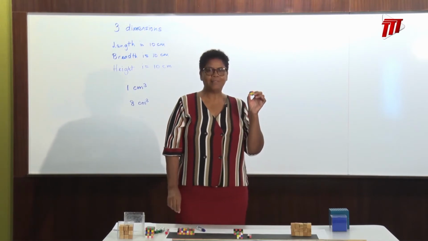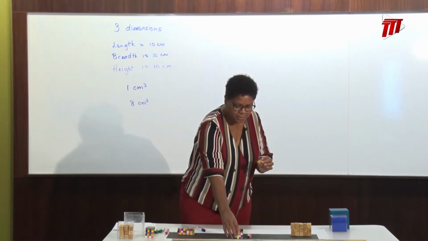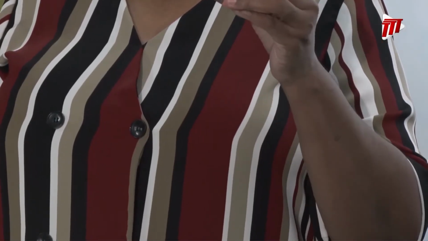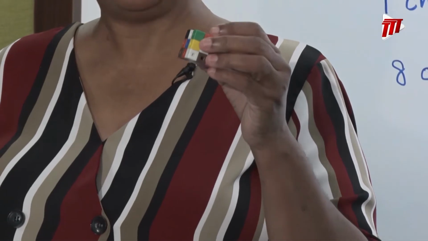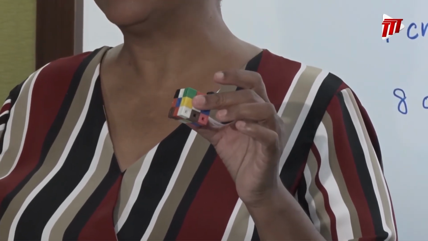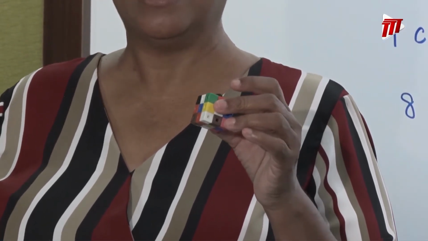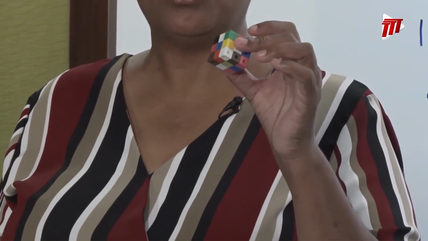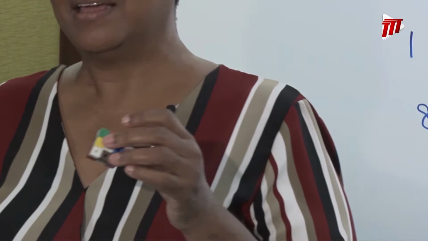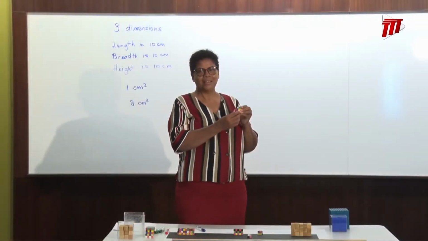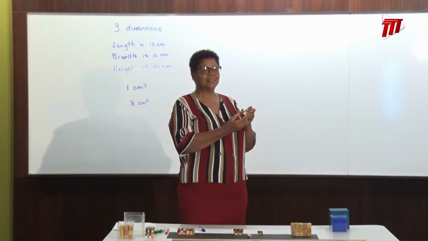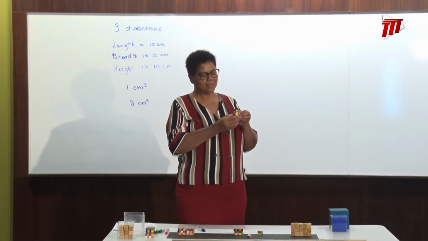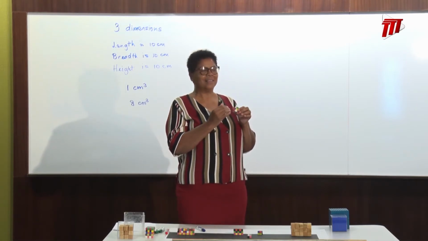I also have another cube on the table here. This cube has sides of length 3 centimeters, which means that any side that you measure, you would get 3 centimeters. And we can calculate the volume of this cube by looking at that length.